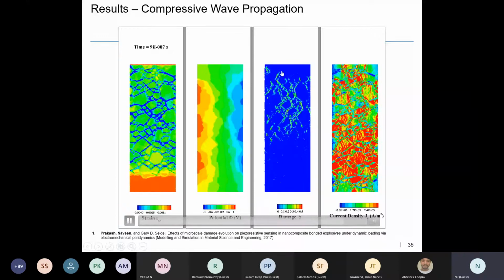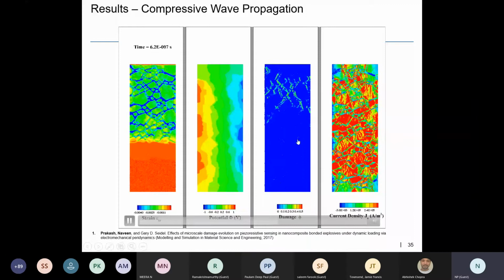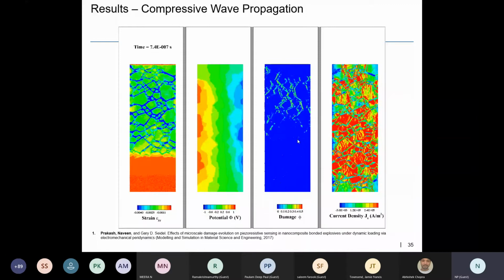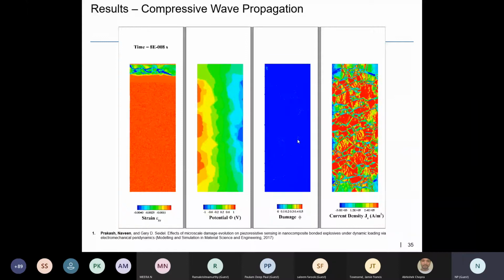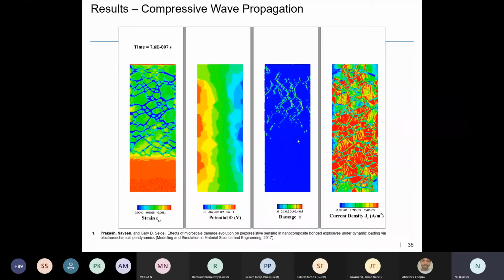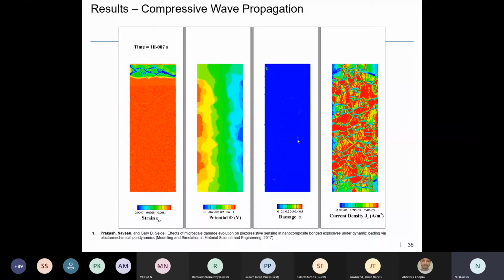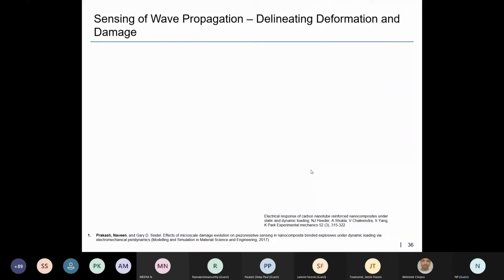As damage propagates, the material becomes discontinuous, and it's disrupting the current density flowing in the material. We can record that change in current density and therefore sense that there's deformation or damage happening in the material.